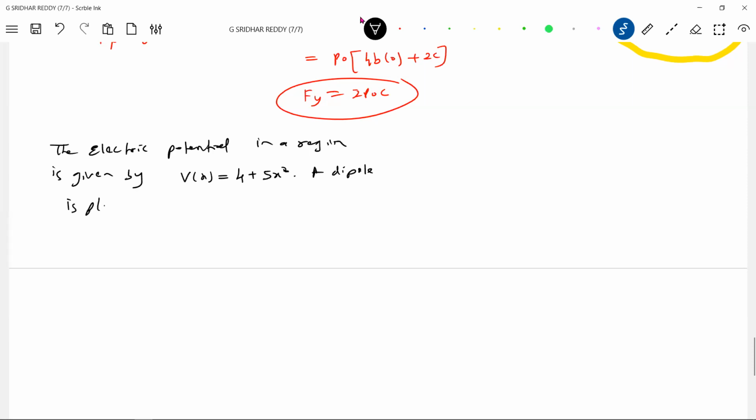A dipole is placed at position (-1, 0) with dipole moment p bar pointing along the positive y direction.